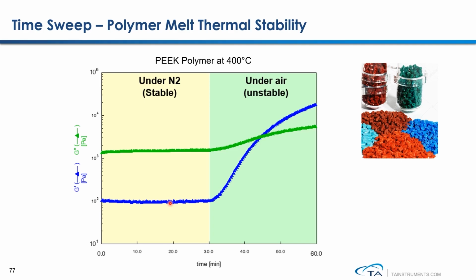But if you use air as a processing environment, you can see that both moduli significantly increase during the time sweep. That tells you the polymer undergoes a molecular weight buildup, eventually cross-links.